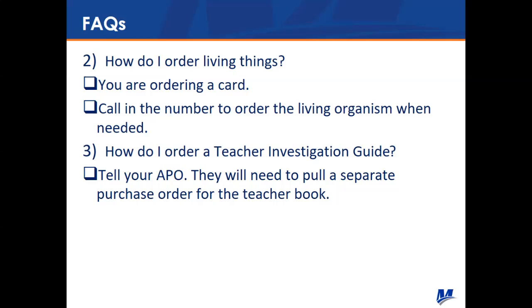When you are back in school for the new school year, and we typically recommend about 4 weeks out from when you're going to need the living organism in the classroom, that's the time when you're going to call in the number to order the living organism.